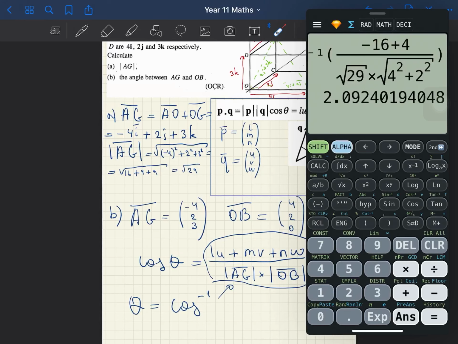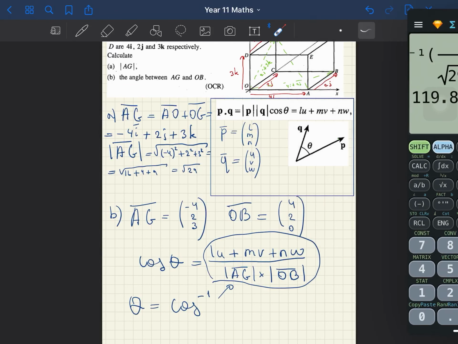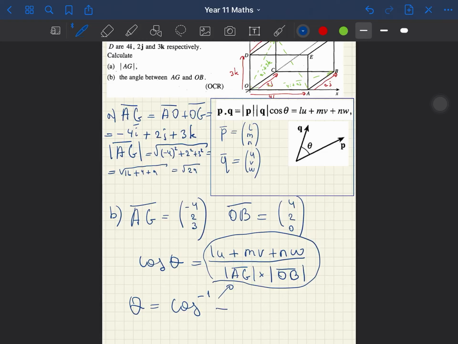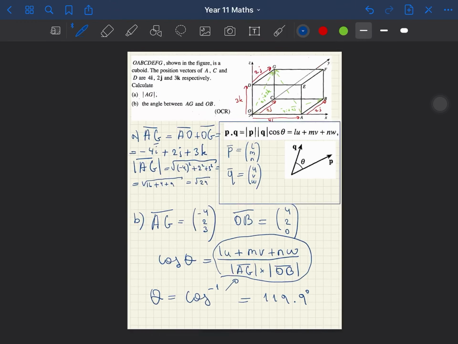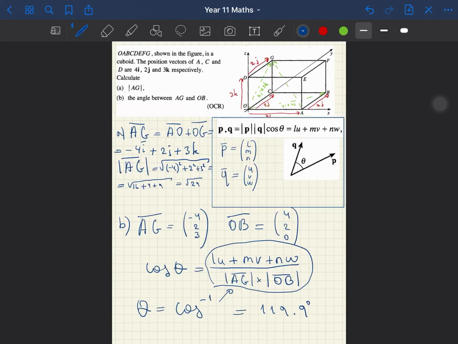So actually this is in radians. I have to change to degrees. So actually it's 119 degrees, almost 120. So 119.9 degrees. Okay, this is 100% right answer. I hope so.